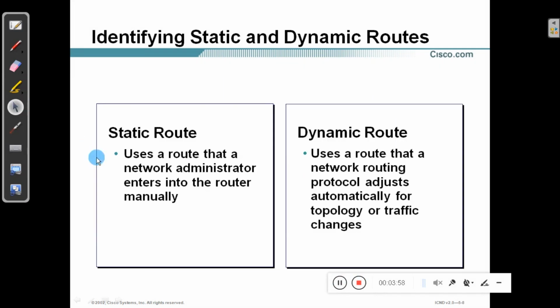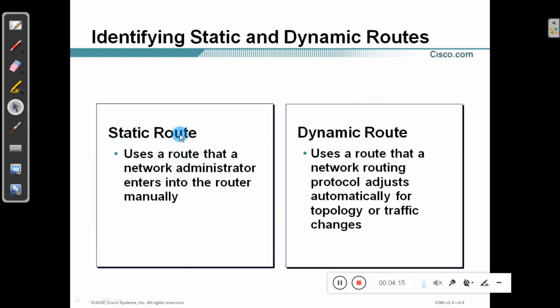Now, as I said, there are two types of route, static route and dynamic route. We discuss what static routing is and what dynamic routing is. Static routing uses a route that the network administrator enters into the router manually.